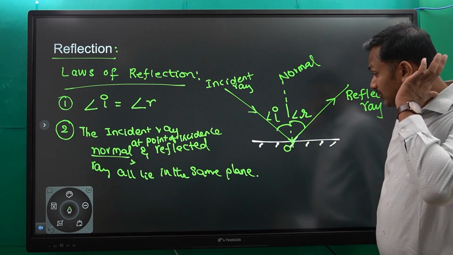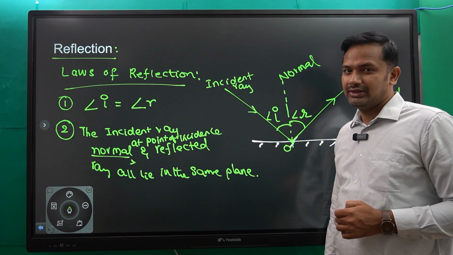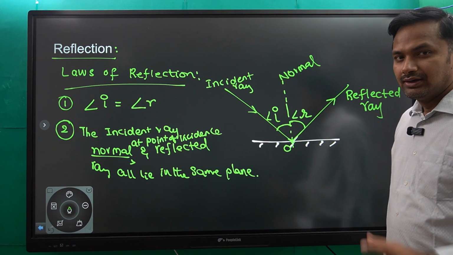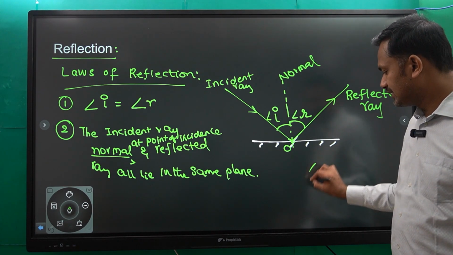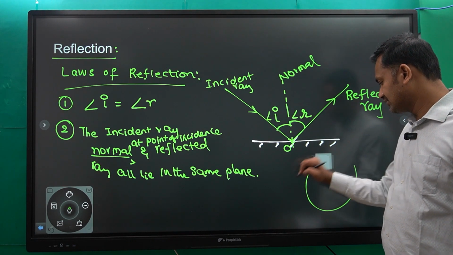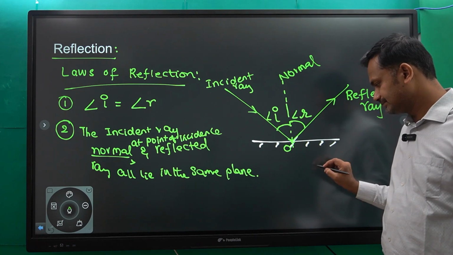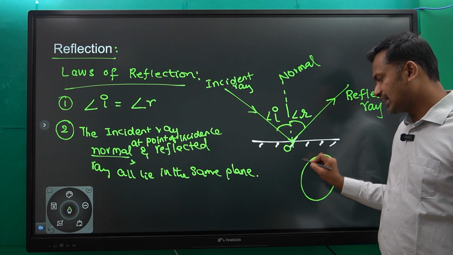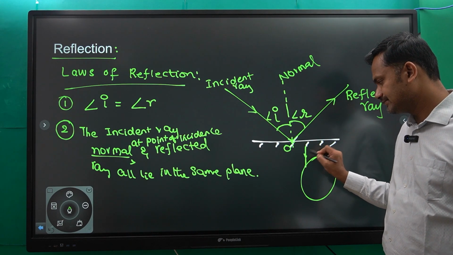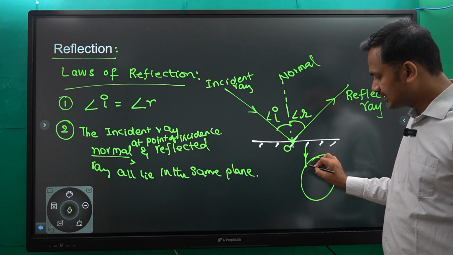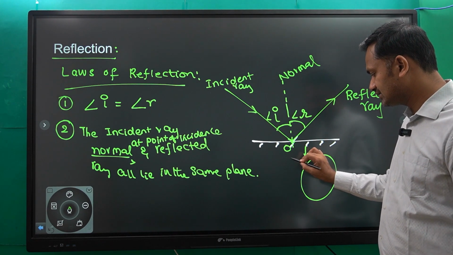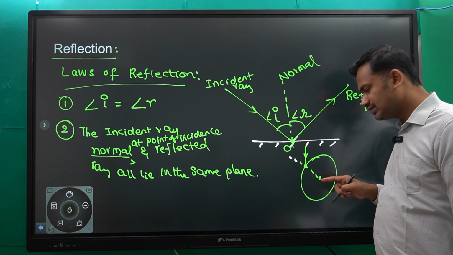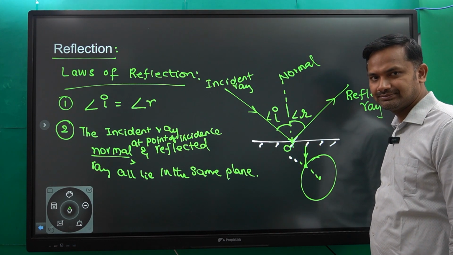Another point we are going to discuss is when there is a spherical surface or any curved surface. Suppose a light ray is incident at this particular point. This circular surface has a normal; if we draw the normal here, it will be like this.